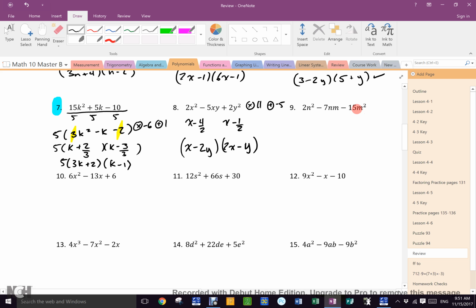So, this is going to be negative 30. So it's going to be positive 3, negative 10. So n plus 3 over 2 and n minus 10 over 2. But what do I got to remember here? M's.